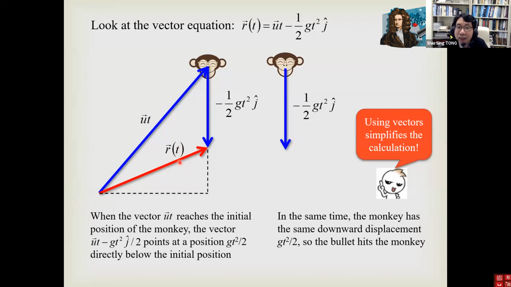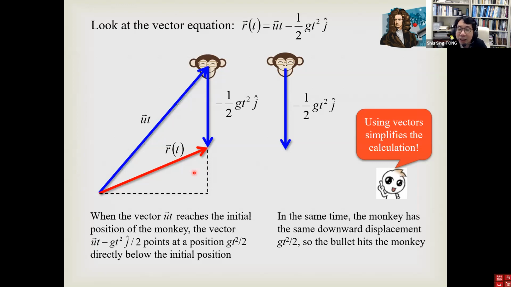At the same time, the monkey falls vertically downwards by the same distance of half gt squared. So it always meets the bullet here, no matter what. As long as you initially point the gun towards the monkey, it will eventually hit the monkey at a distance half gt squared below the point of suspension.